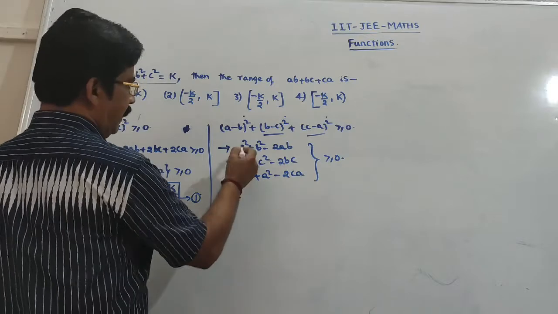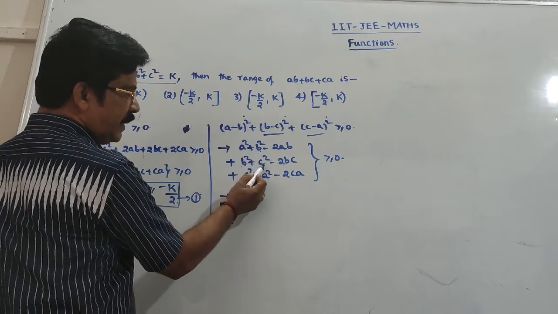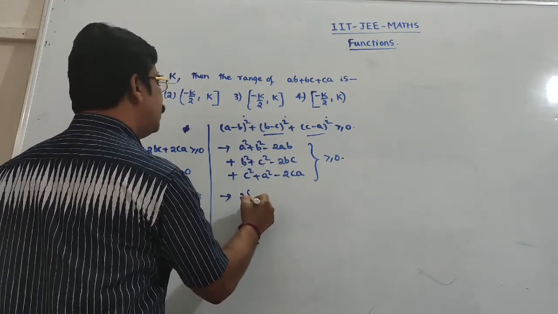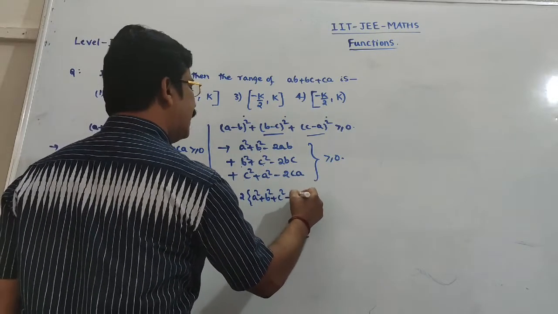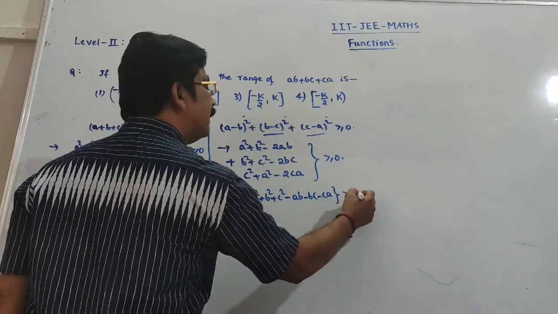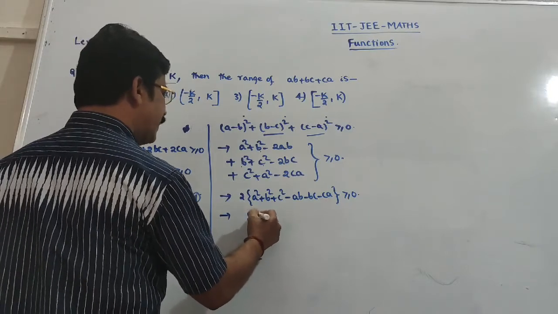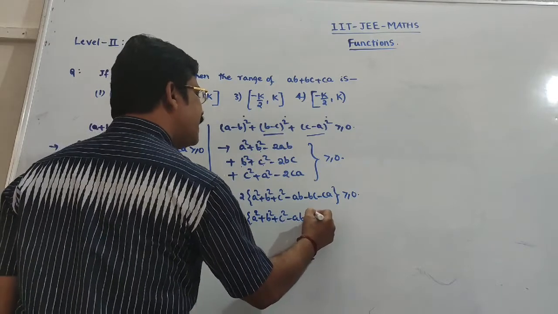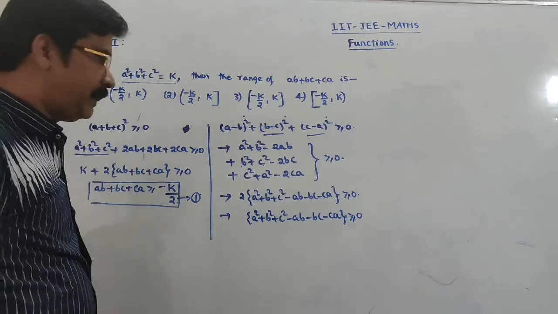How many a squares are there? a square, 2a square, b square, 2b square, c square, 2c square, and minus 2 common. So 2 into a square plus b square plus c square minus ab minus bc minus ca is greater than or equal to 0. So dividing by 2 throughout the inequation, a square plus b square plus c square minus ab minus bc minus ca is also greater than or equal to 0.